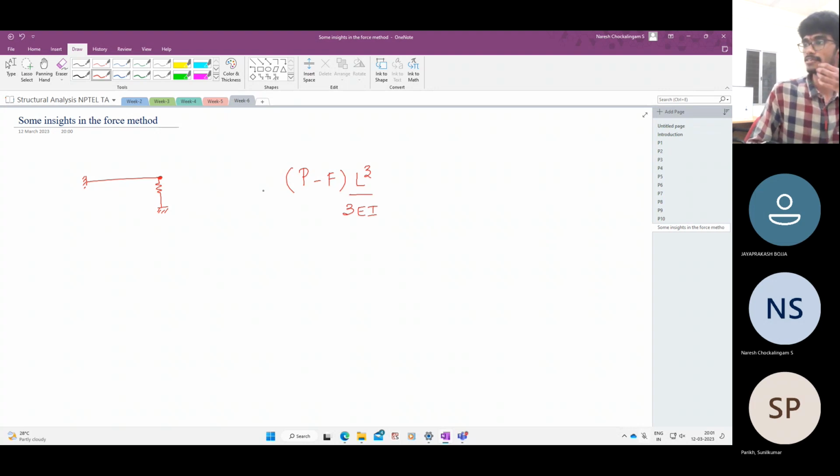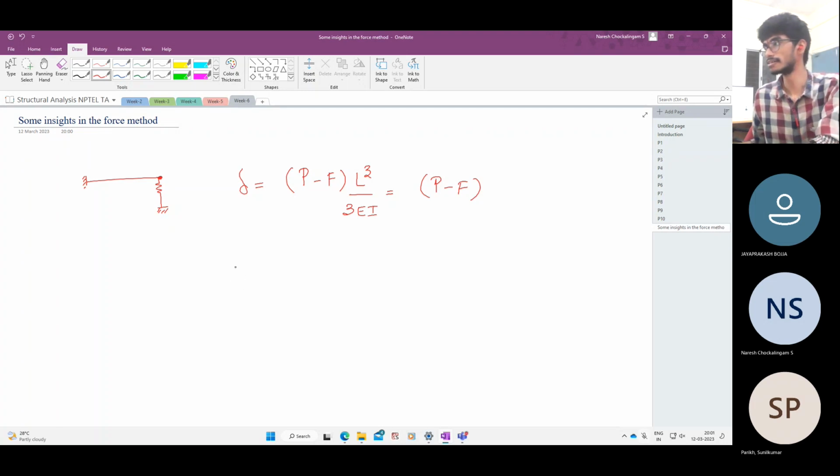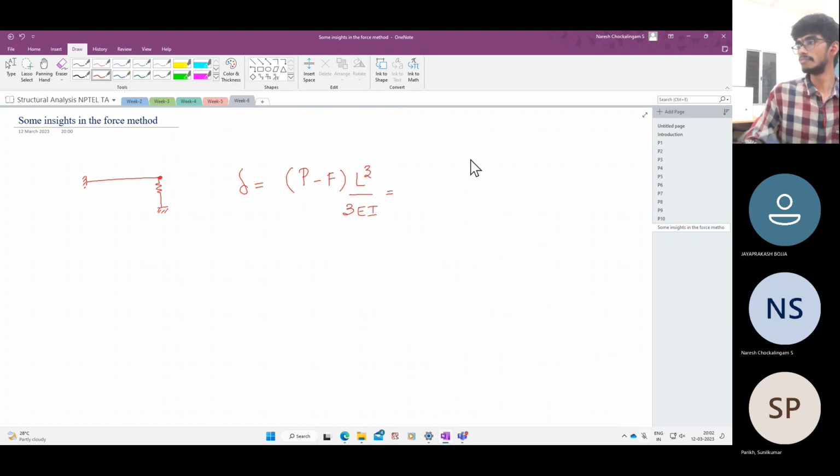Now this is the deflection. You can write it as P minus F into flexibility. We got something like this, P minus F. And we also saw this is equal to F by K. This comes from compatibility.